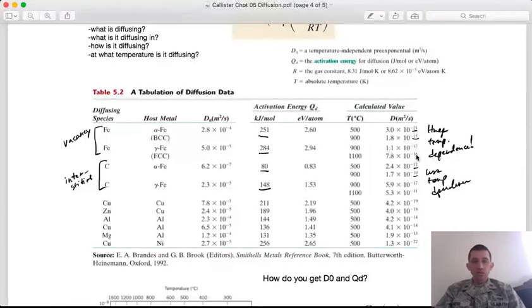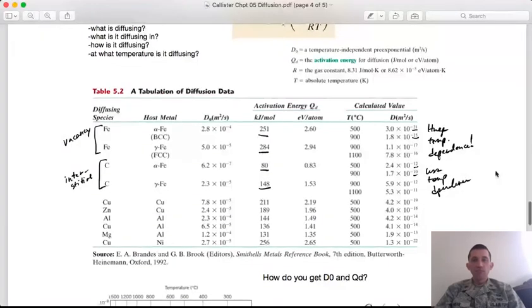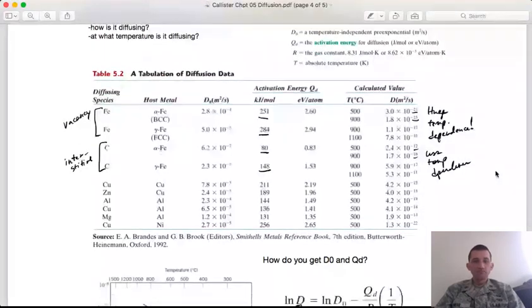We see here in every case we have a low temperature and a higher temperature, and a huge difference. Maybe we'll jump down and look at the diffusion of carbon in ferrite. If we increase the temperature of our material from 500 to 900, we see about 2 orders of magnitude, 100 times faster increase in the diffusion rate.